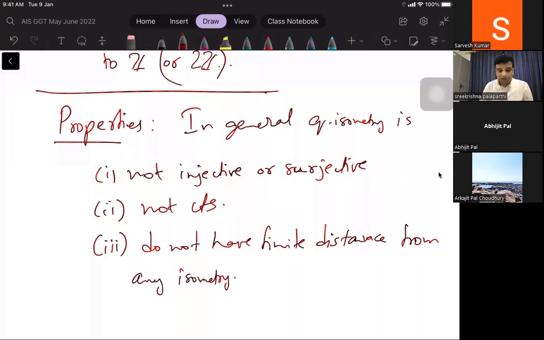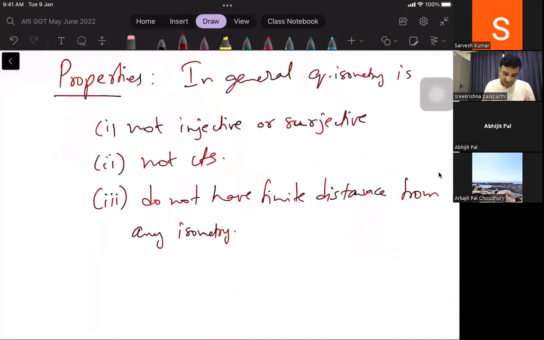So using this finite distance concept, this third property is telling you that you cannot redeem the situation somehow using that finite distance. So quasi-isometries are not finite distance from any isometry. Okay, so that would have put some sort of more uniformity on this thing, but that's not true.